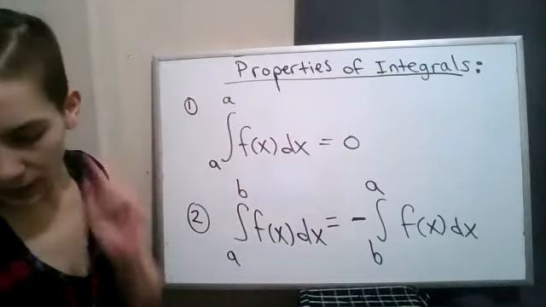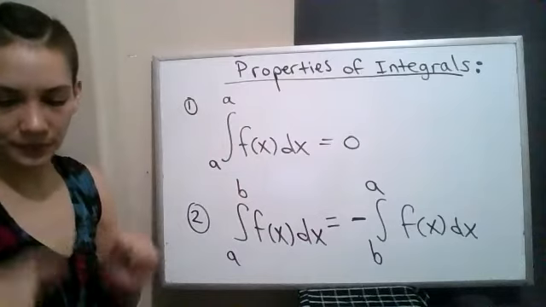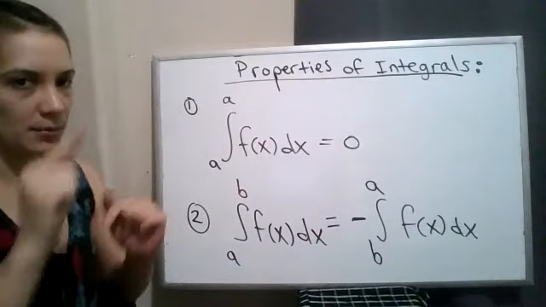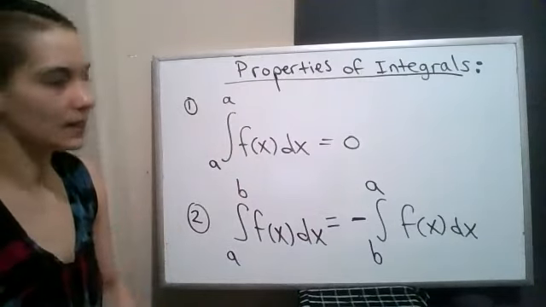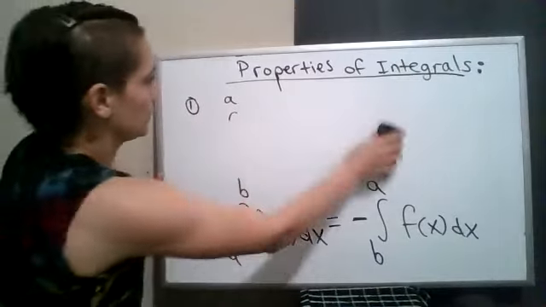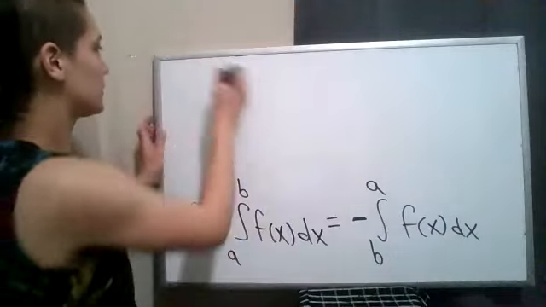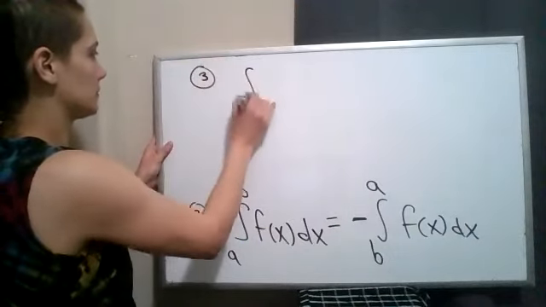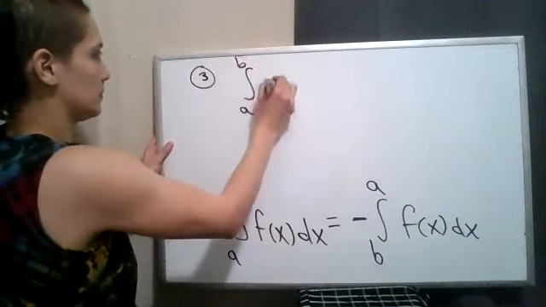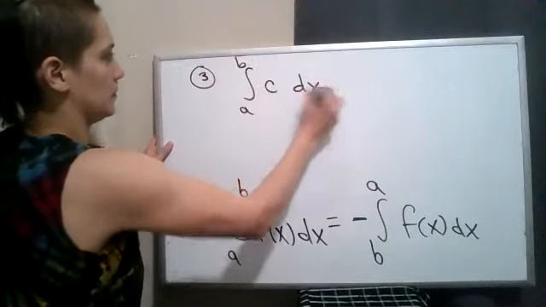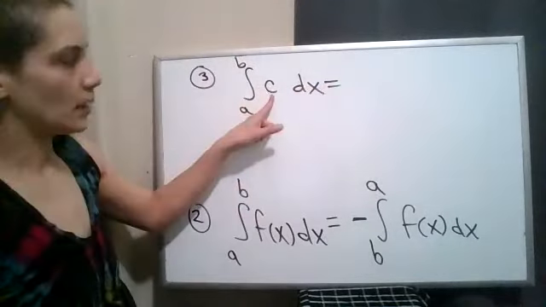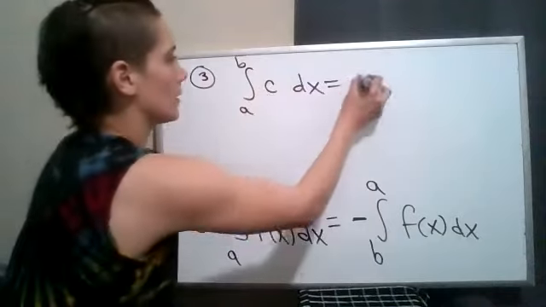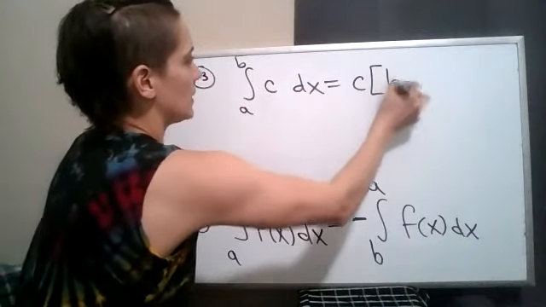Okay, number 3. The integral from a to b of some number c is equal to that number c times b minus a.